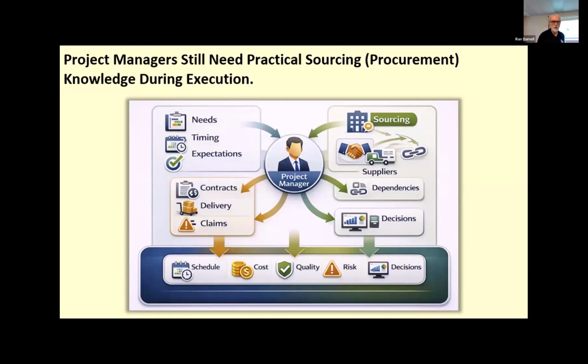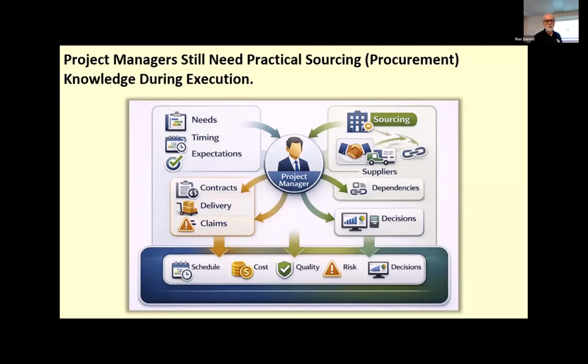So after we've talked about PMBOK 8 and how it reframes procurement as sourcing within a broader organizational context, the next point is that project managers still need working knowledge of how procurement operates during execution. The shift in framing doesn't remove your responsibility as a project manager to coordinate external work. It changes the context a little bit, not the need for competency in that domain.